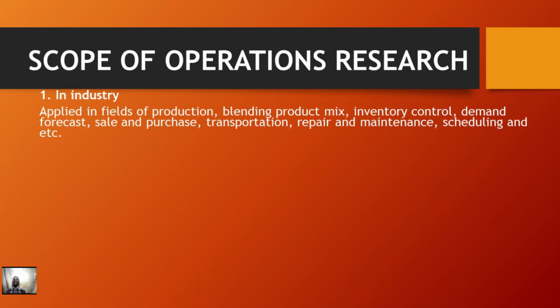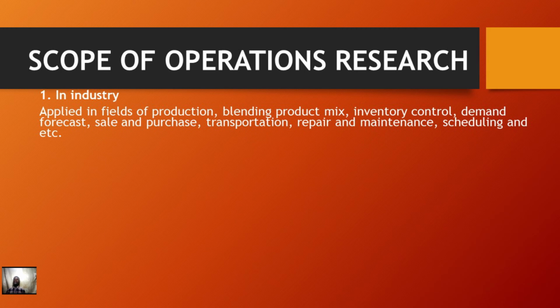We look at blending, in that we look at the product mix. We look at inventory control. We look at demand forecast. We look at sales and purchase. We look at transportation, repair and maintenance. Some of you study what we call plant maintenance. So all that involves operations research.